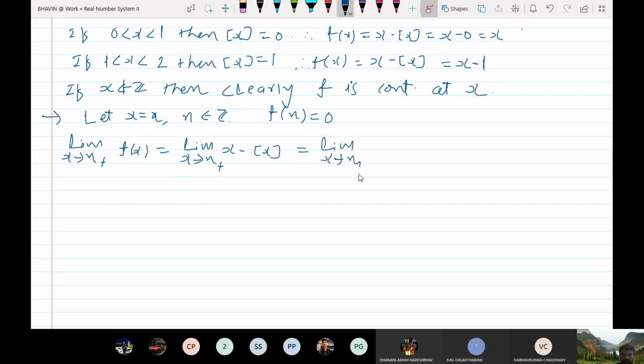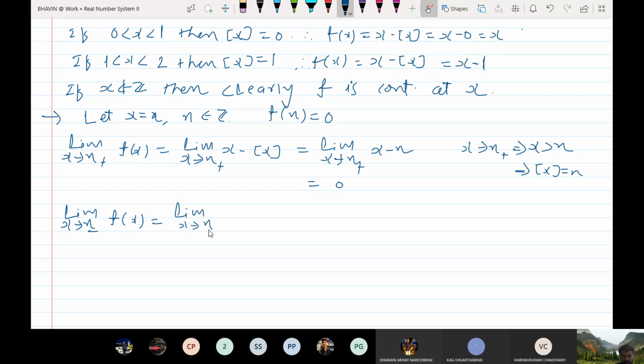Limit x tends to n plus. x tends to n plus implies x is greater than n, implies box of x is just n. So x minus box of x is x minus n. If you put x equal to n, this becomes 0. Now let me find out the limit as x tends to n minus.